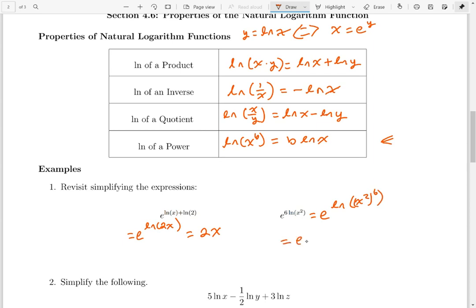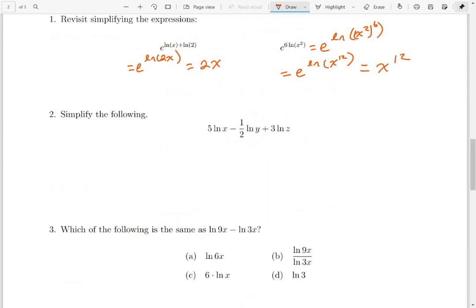Well, that's then going to give me, power to a power as a product, x to the 12th inside a natural log, and then e raised to all of that, and then e raised to the natural log of stuff is the stuff, and so we're just left with x to the 12th.